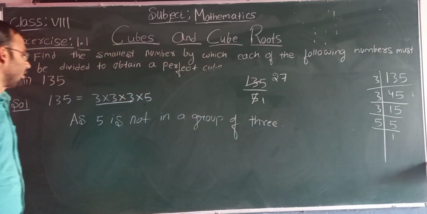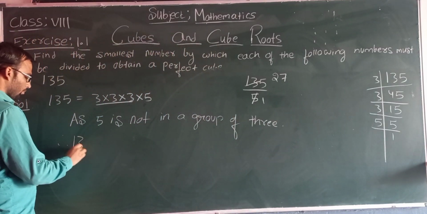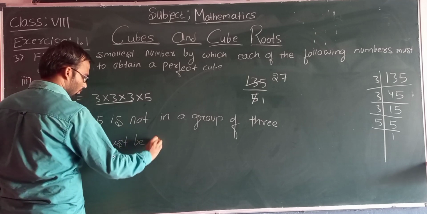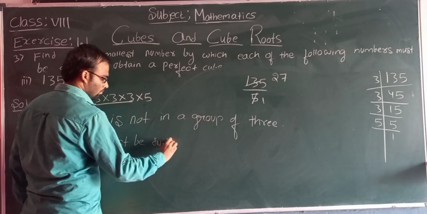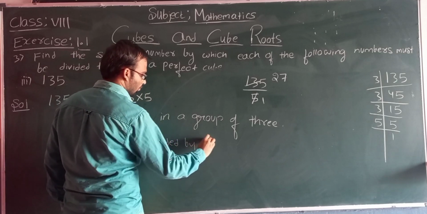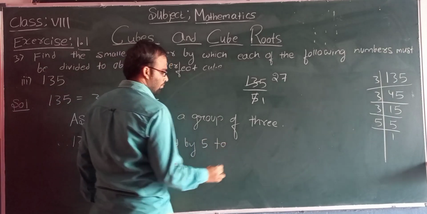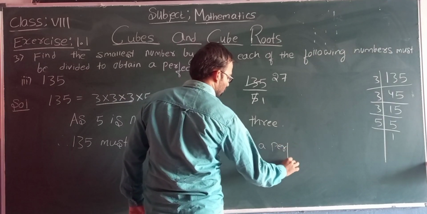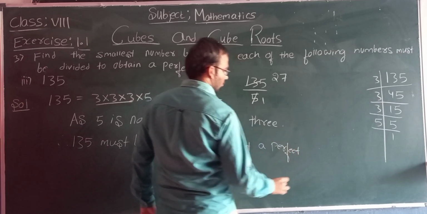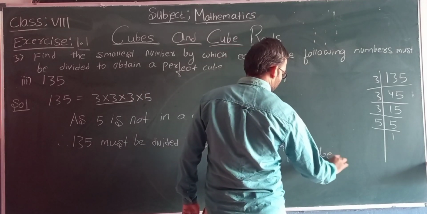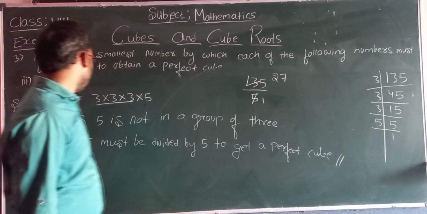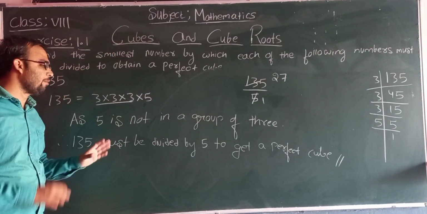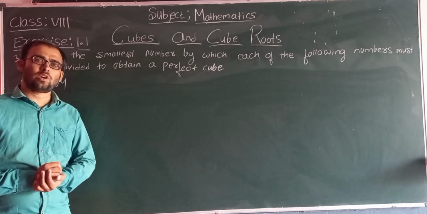As 5 is not in a group of 3, 135 must be divided by 5 to get a perfect cube. Students, now let us solve the fifth one.